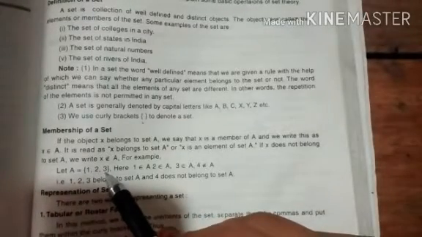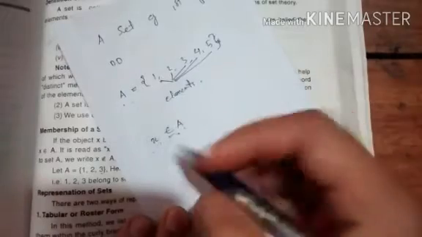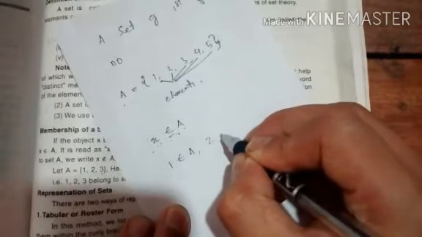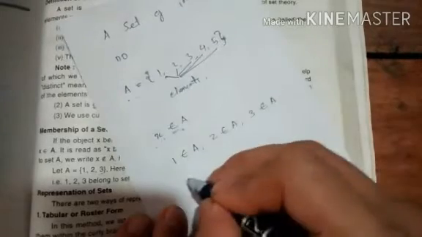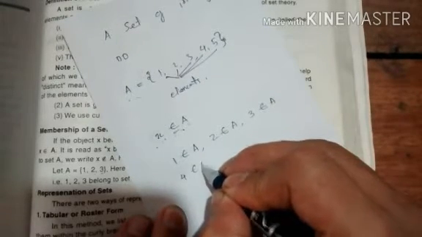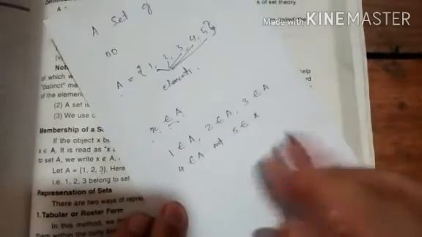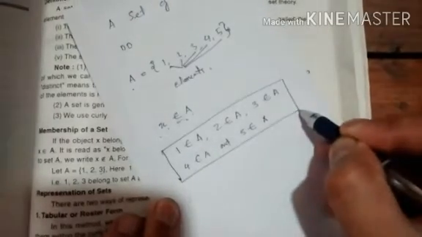Let's say A is a set of 1, 2, 3. Then we will write 1 is an element of A. If this is the given set, then we can write 1 is an element of A, 2 is an element of A, 3 is an element of A, 4 is an element of A, and 5 is an element of A. So this is how we have to write it.